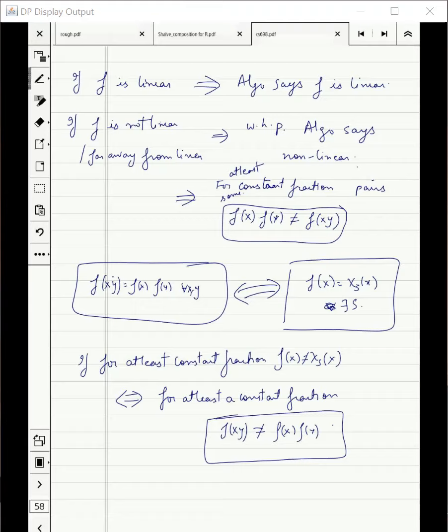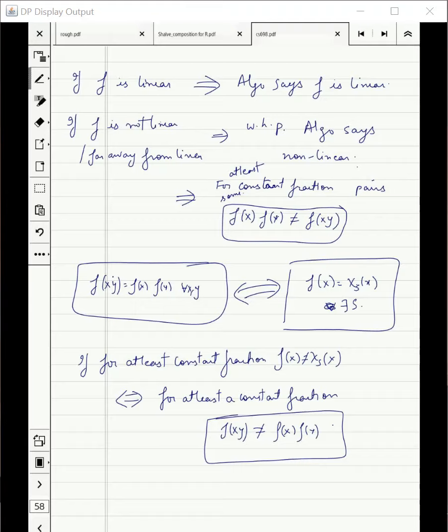Sorry, can you repeat? I didn't get your question. Are you asking how we are going to prove it, or are you saying that this cannot be true? I was trying to see if for all the pairs where f(x) does not agree with some chi_s(x), those pairs would be included in the right side. No, that is not how it is going to happen.